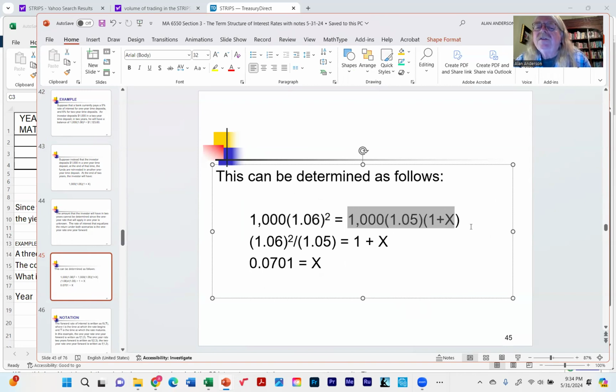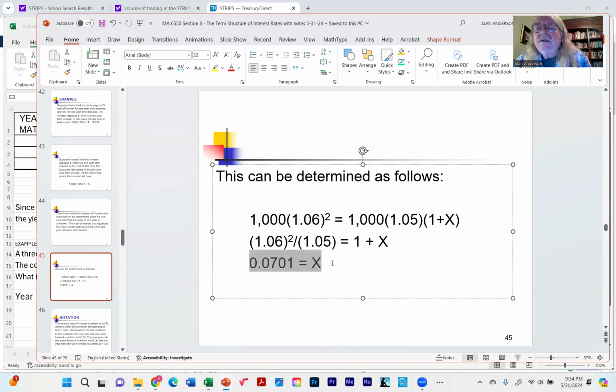This is the amount you'll get if you invest for 1 year at 5%, and then for another year at an unknown percent. Algebraically, this is 7.01%. So if you were offered the opportunity to invest for 2 years at 6%, or 5% for 1 year, followed by 7.01% in the second year, you would be indifferent between the two.